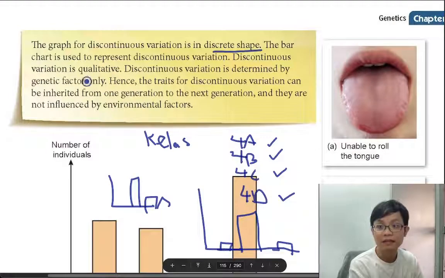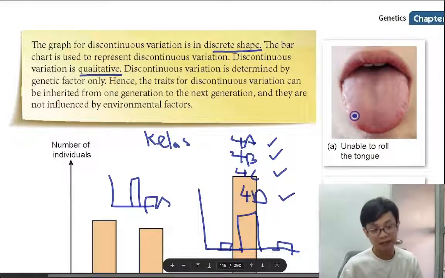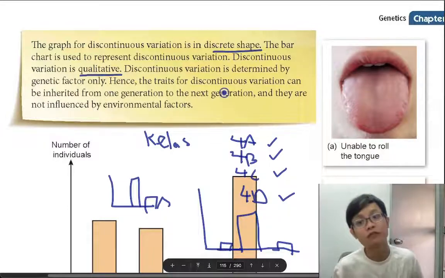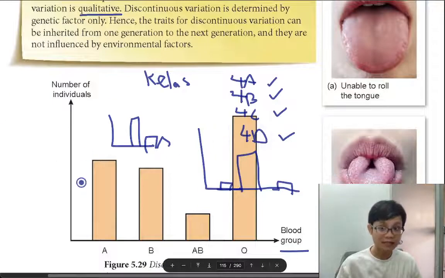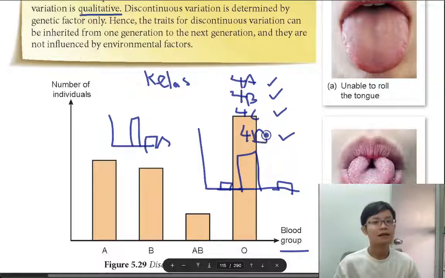For example, this is qualitative, where there is no point in measuring the data. But if you use a bar chart for something quantitative, something that can be measured, it means the person doesn't know what he is doing.